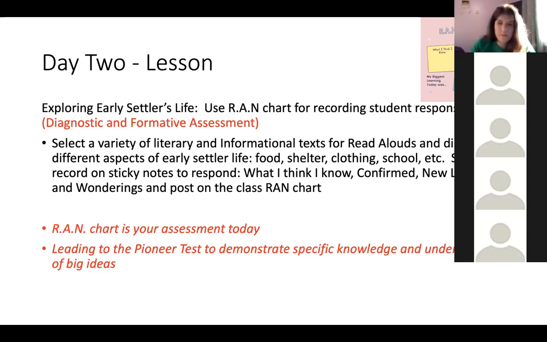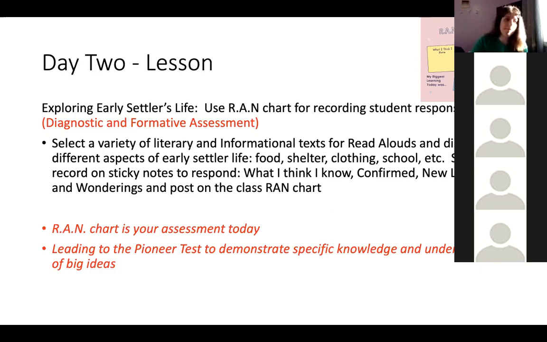Oh, you were wondering about this. Have you found that information out yet? Because when they find information out, I want them to fill in the confirmed part. And as they're going through this, they may have found something that they had a misconception about. So we can actually change that up again too, and get them to correct the misconception.